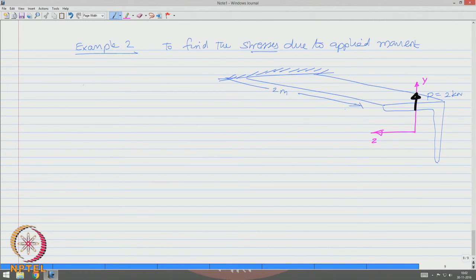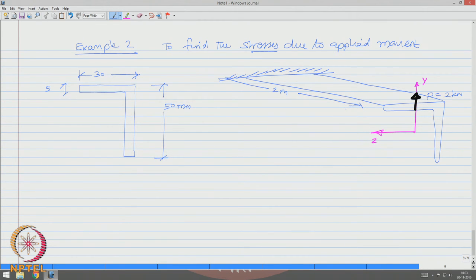Let us draw this cross section separately and write down the geometric properties. Let us say this dimension is 50, all in millimeters. This dimension is 30 and the thickness through and through is 5 millimeter.